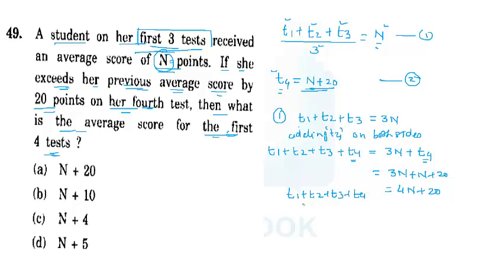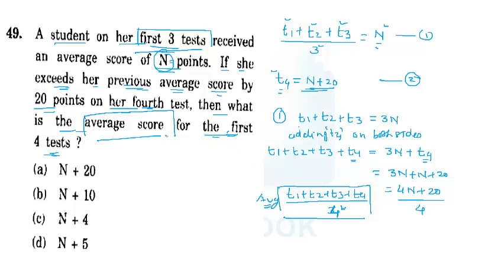We need to calculate the average, hence we will divide the left hand side by 4 and the right hand side again by 4, because the total of the tests divided by the number of tests would give you the average. This is what we need to calculate, right?